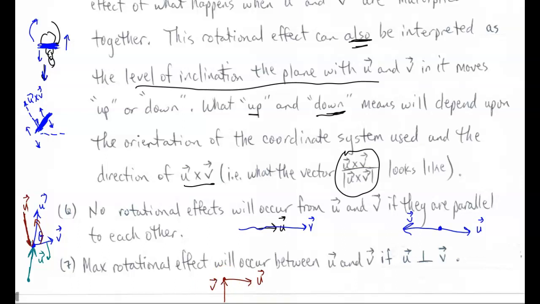Then the way it rotates, in this case, will be clockwise. It will rotate the most, or the fastest, or however we are measuring that. We know that happens whenever we have a 90-degree angle in between these two vectors.